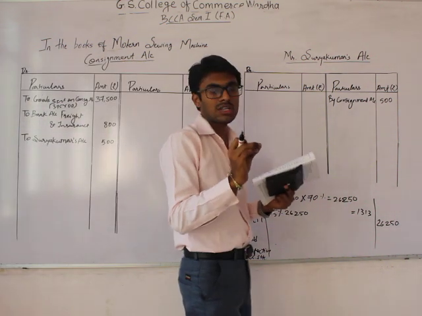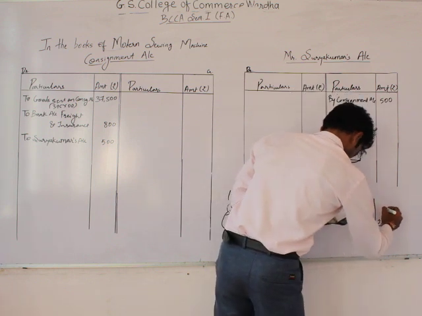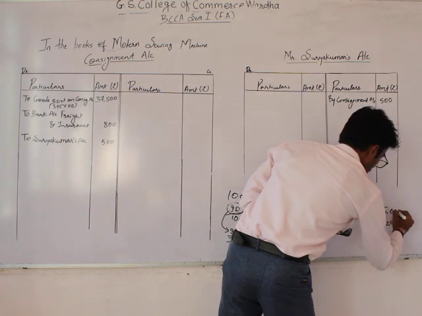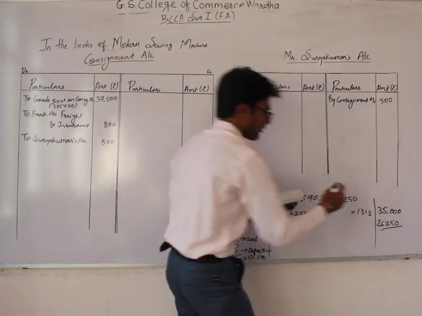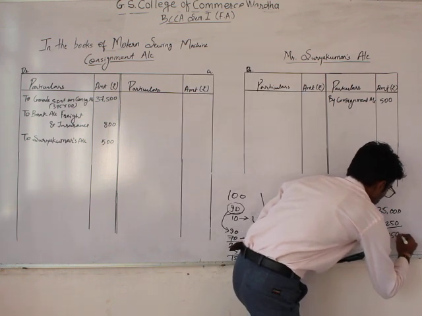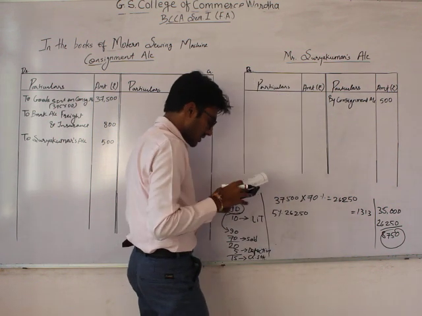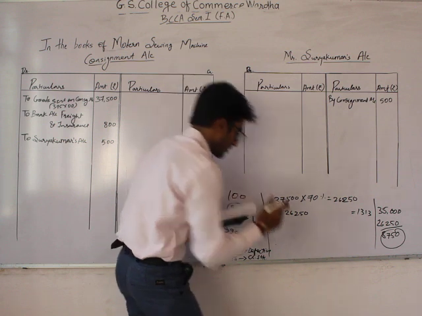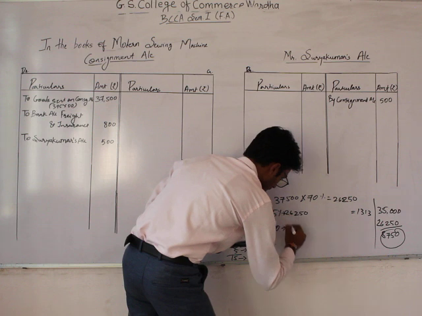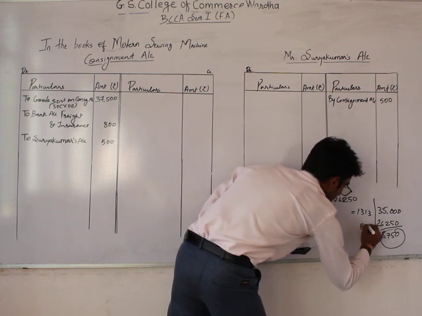So 70 units into 375 will become 35,000? Sorry, at invoice price the balance is 35,000 minus 26,250, which will be 8,750. So this is your surplus amount. On surplus we have to calculate 10%, on this 8,750, so that is 875.